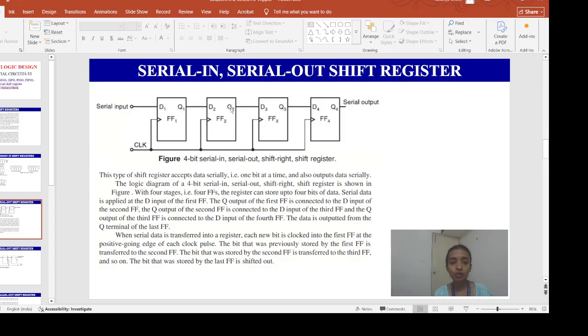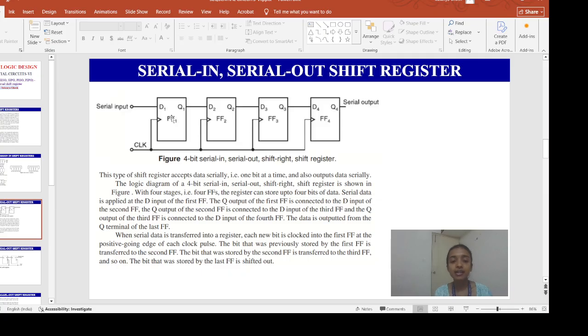The Q output of the second flip-flop is connected to the D input of the third flip-flop, and the Q output of the third flip-flop is connected to the D input of the fourth flip-flop. So the data is output from the Q terminal of the last, or fourth, flip-flop.